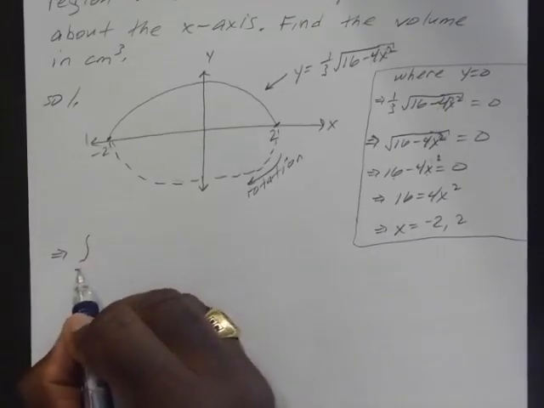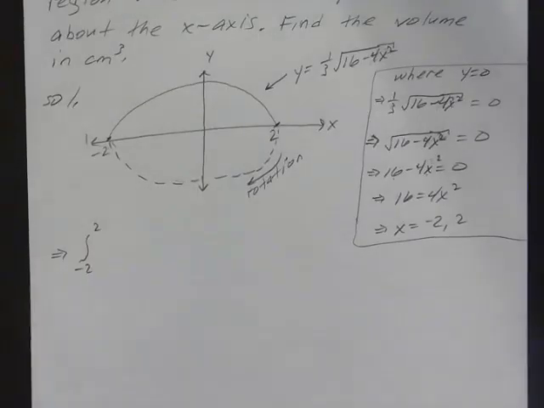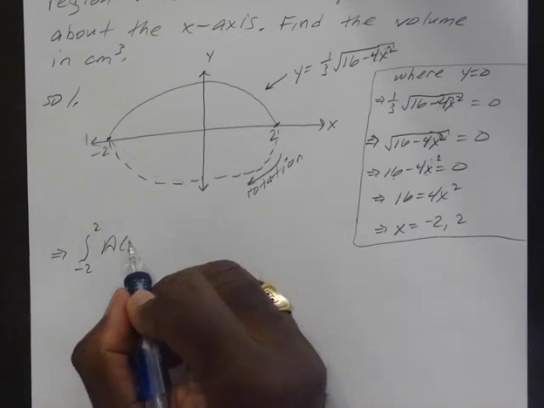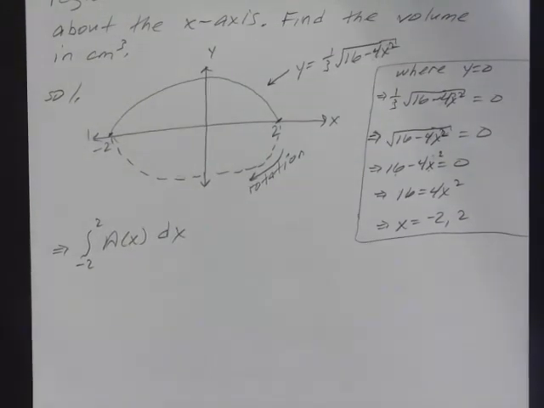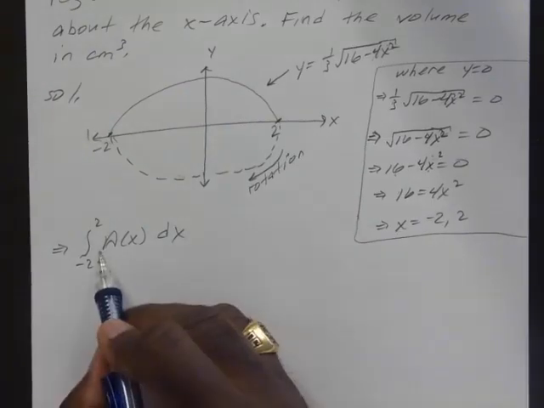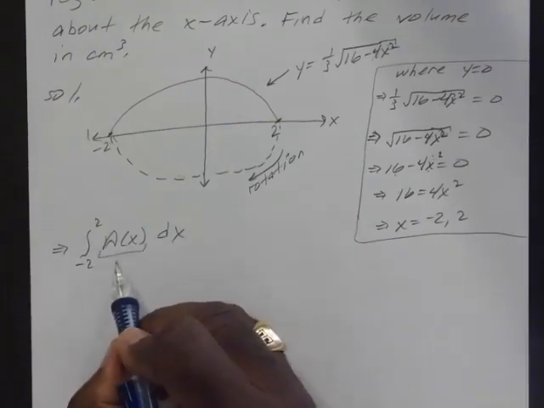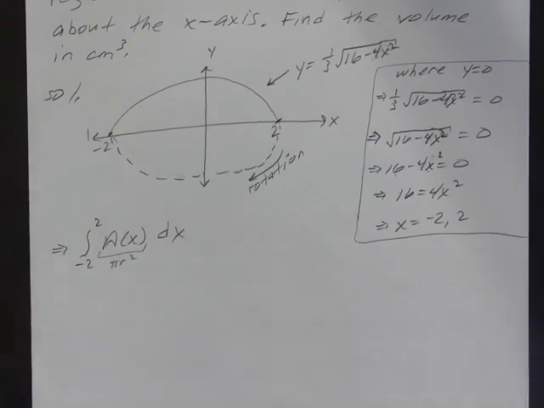That means the volume from negative 2 to 2 of our cross-sectional area with respect to x, and we know that our cross-sectional area is pi radius squared.